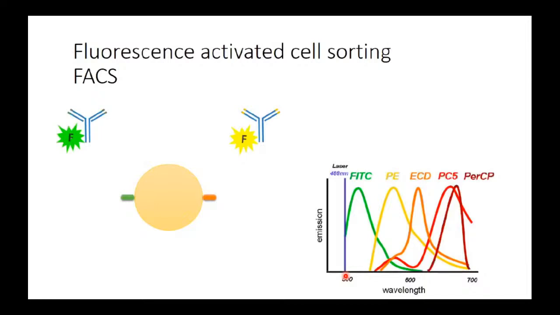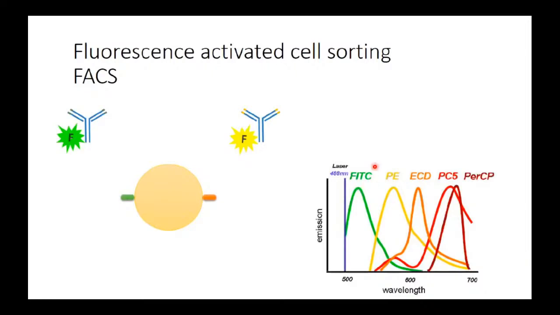Of course, I can also study two proteins, not only one. To study two proteins, I need two specific antibodies, because I need one specific antibody for each protein. But I need to label every antibody with a different fluorophore. Of course, I have different fluorophores, and every fluorophore emits light in a different wavelength.